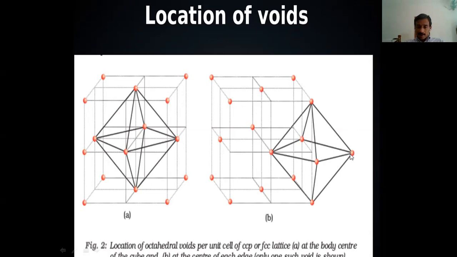Here one particle is taken from another unit cell, here one particle is taken from another unit cell. So actually it is shared by more number of unit cells. So we can identify all these vacant sites represent an octahedral void. Effective number of octahedral voids will be 4.